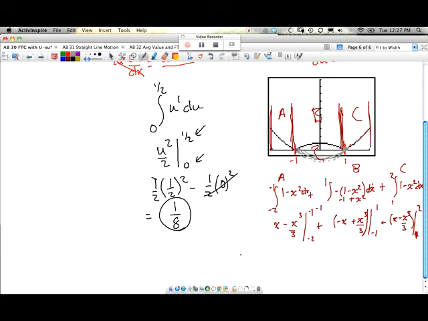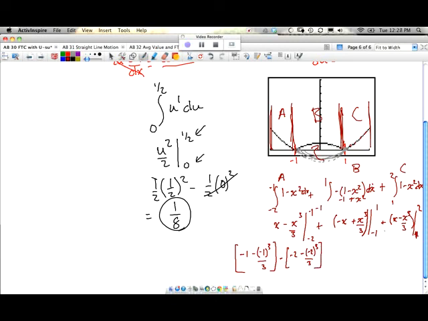So the first one, this means that we have -1 minus -1 cubed over 3. So that's our top for the first one. Minus, now we've got to use -2, so that's going to be -2 minus -2 cubed over 3.